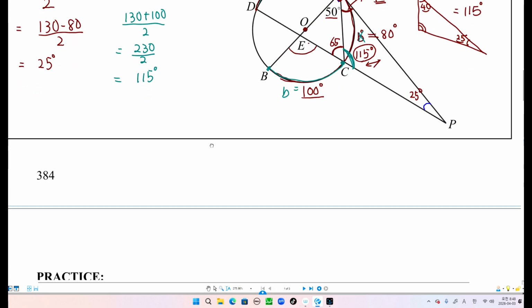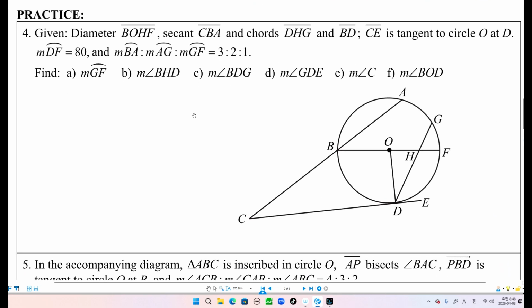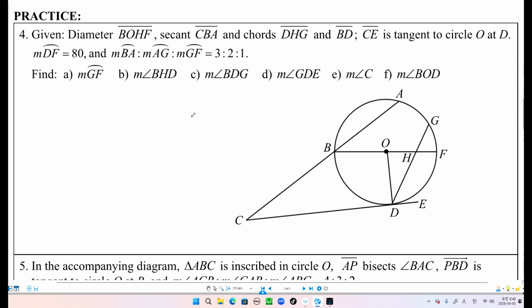Today we start page 385. Usually a mixed question about circles is very complicated, but the tools are very limited. So how to find the intersection angles, inside and outside? The next one is the semicircle.